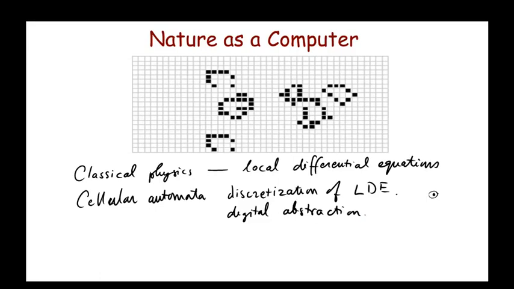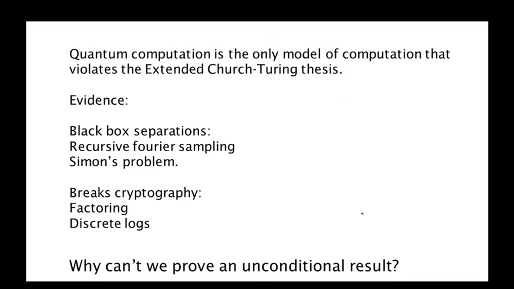And so quantum computation is the only model of computation that violates this extended Church-Turing thesis. It's the only reasonable model of computation which cannot be simulated in polynomial time on a classical Turing machine. So what's our evidence for this? Well, we have two kinds of evidence that it violates the extended Church-Turing thesis. One is our black box separations.